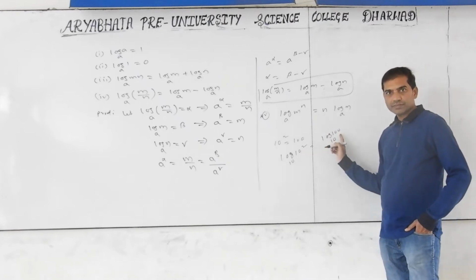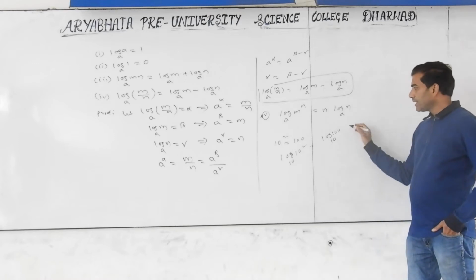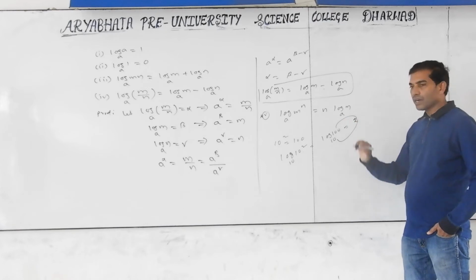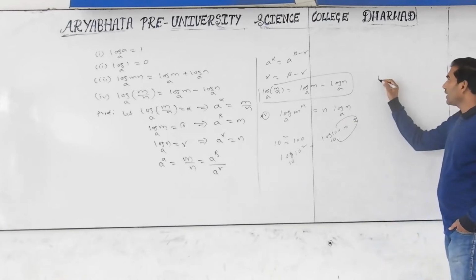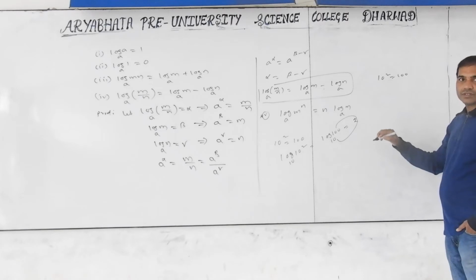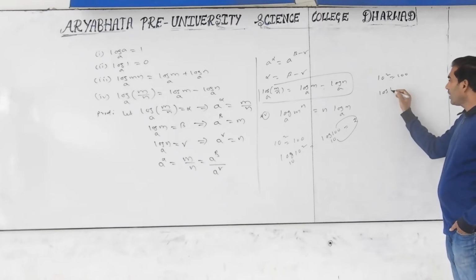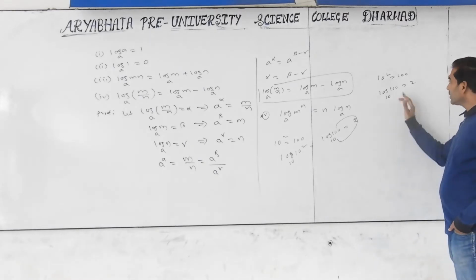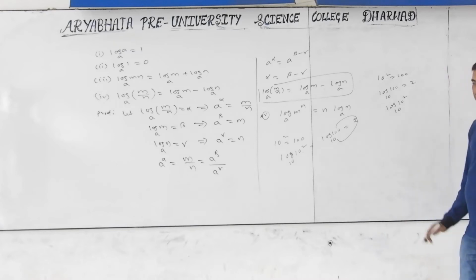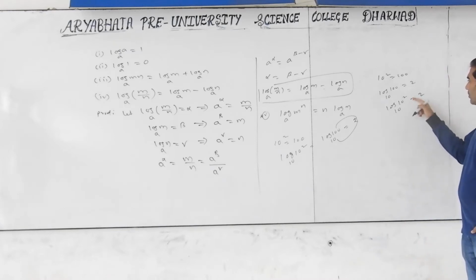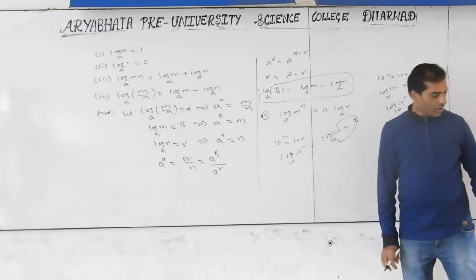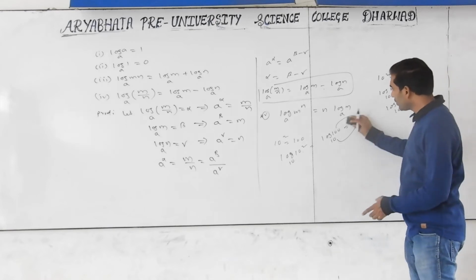Since 10 square equals 100, log of 100 base 10 equals 2. So log of 10 square base 10 is equal to 2.